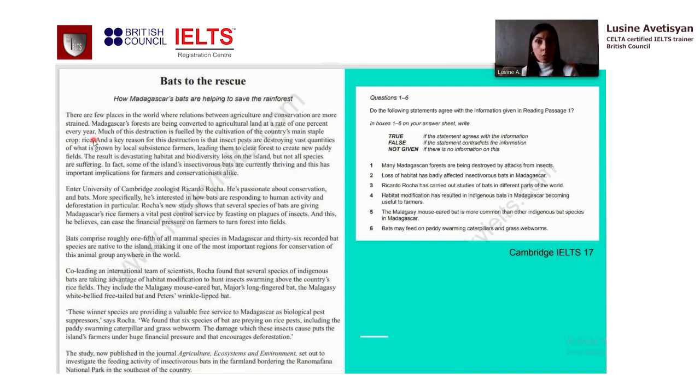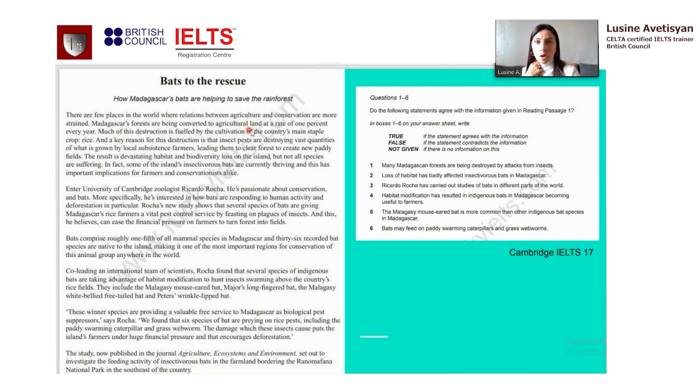So they are transforming from forest to agricultural land. Much of this destruction is fueled by the cultivation of the country's main staple crop, rice. And the key reason for this destruction is that insect pests are destroying vast quantities of what is grown by local subsistence farmers, leading them to clear forests to create new paddy, and so on. So I located my answer. It's somewhere here. Now I'm reading for detail to see if the reason is that insects attack the forests.